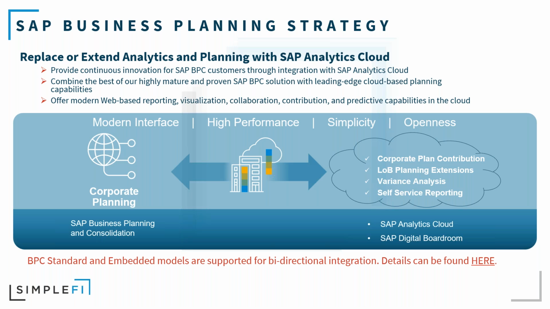But they want to take advantage of some of the neat functionality they have already seen in the overview demos of SAC. In a couple of cases we've done, we keep consolidations in BPC and extend planning out to SAC. So now they're cost center managers or business sales managers.